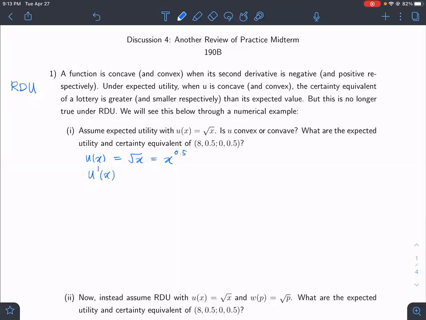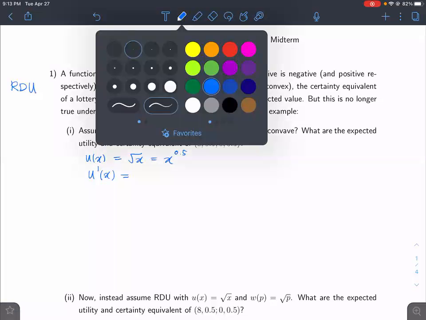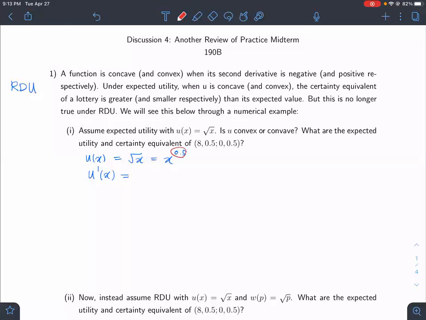The first derivative: I take this 0.5 to the ground, which becomes 0.5 times x^0.5. When you take a first derivative, you take 1 off the exponent, and this becomes 0.5 times x^-0.5.